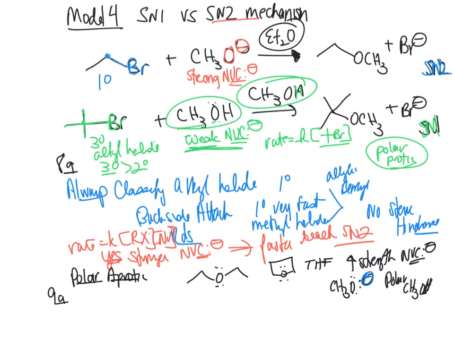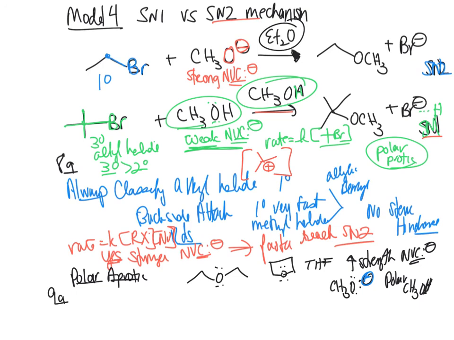Would the solvent be capable of hydrogen bonding with the leaving group? Yes, so that can stabilize the bromide a little bit, which would help the intermediate. What's the intermediate there? You always want to draw your intermediates for your SN1 reactions. Okay, the carbocation.